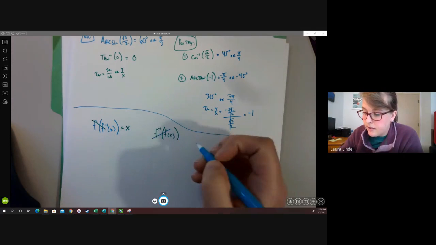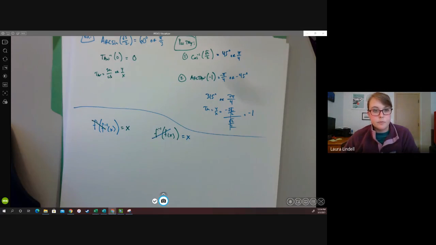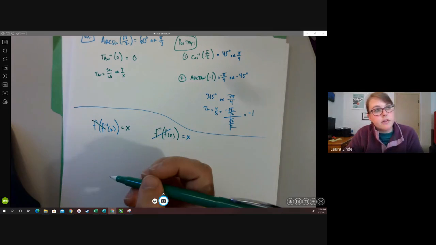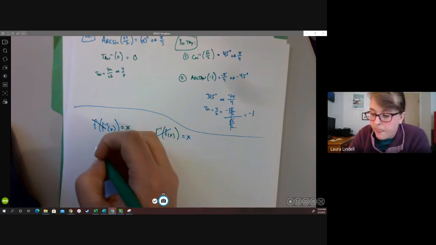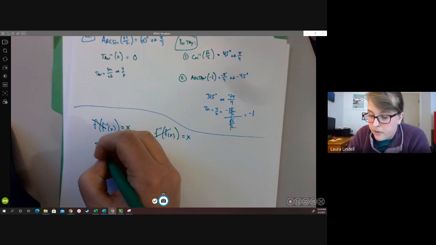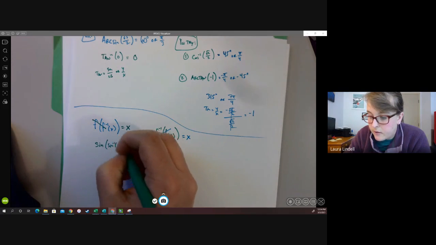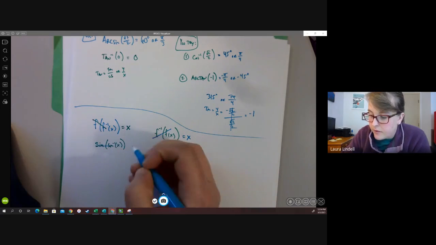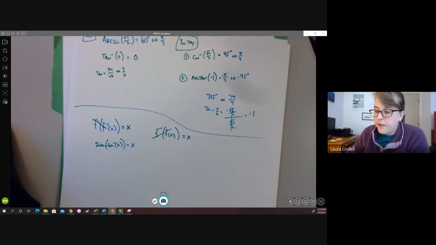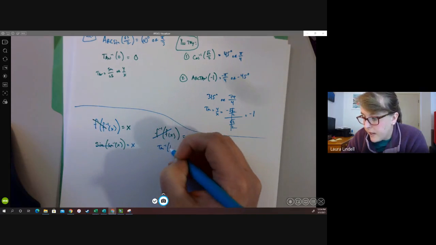The inverse cancels out the original function and you're just left with x. The same thing works with sine, cosine, tangent, inverse. And we kind of saw this a little bit when we were dealing with right triangles and stuff like that. So if you were to see sine of sine inverse of x, the sine and the sine inverse cancel and you're just left with x. Same thing if you were to do like tangent inverse of tangent of x.